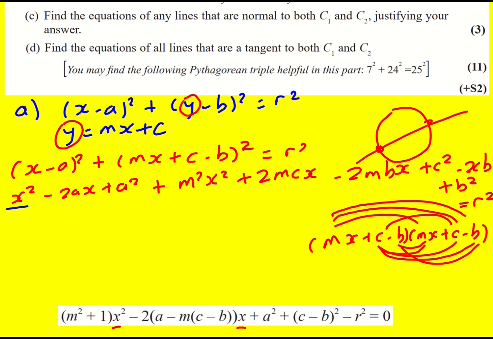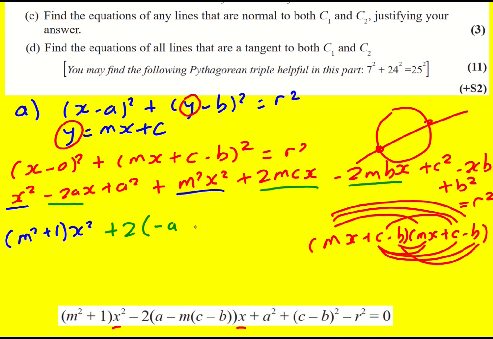So let's collect terms. I've got (m² + 1)x² from here. I've got −2ax. I've got lots of x terms here, so I'll write it as plus 2, I'll factorize the 2 out. Actually, I can factorize the x out as well, but I'll put that at the end.